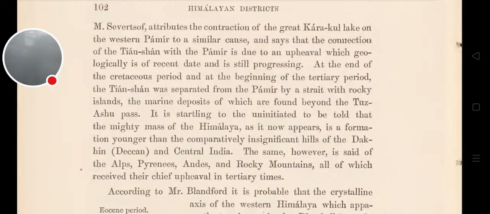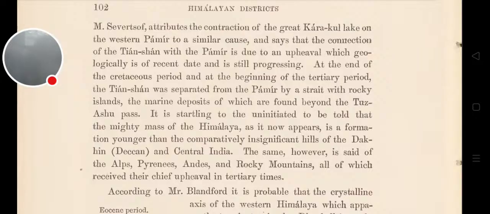At the end of the Cretaceous period and at the beginning of the Tertiary period, the Tian Shan was separated from the Pamir by a strait with rocky islands, the marine deposits of which are found beyond the Tuz Ashu Pass.